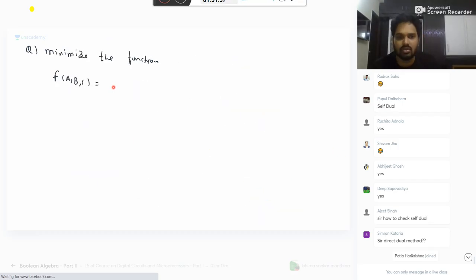Minimize the function f of ABC equal to, let me write the question, A bar BC plus A B bar C plus A B C bar plus ABC. Please do this part. We are not discussing K-map here. Okay, K-map etc. come next. First only Boolean algebra.